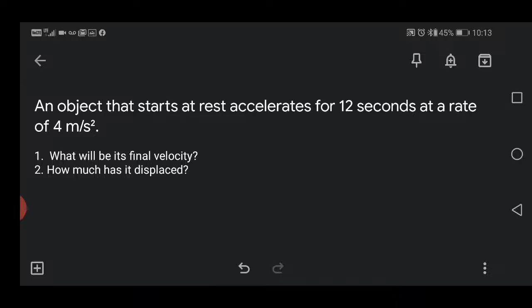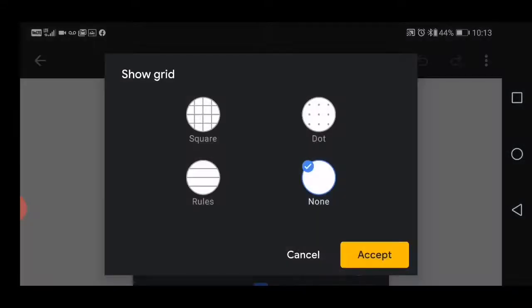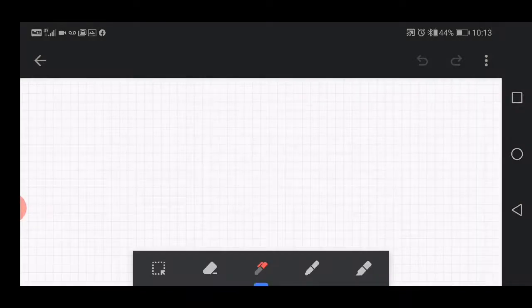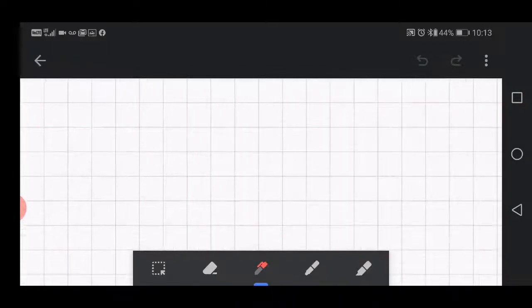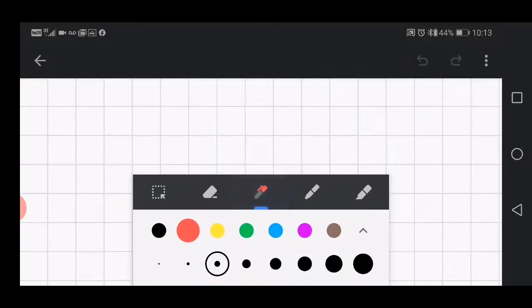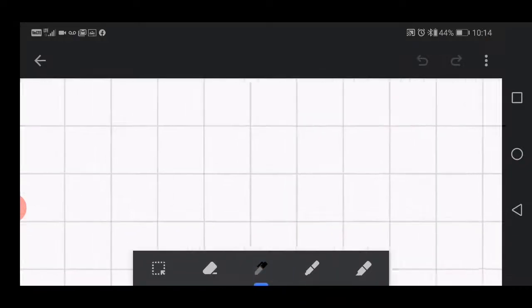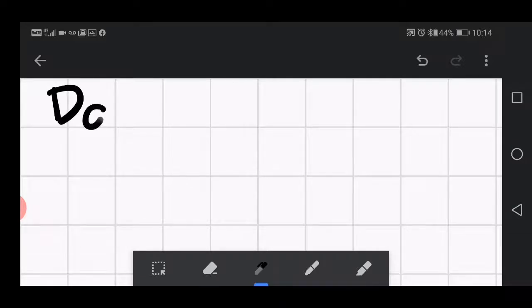So in order to solve a situation like this, we need to use the kinematics equations you've been studying. Let's do it with a new note, and in this case it might be useful to have a square grid just to be able to picture things out clearly. First of all, the very first part of any solution that you want to do is something called your data list.